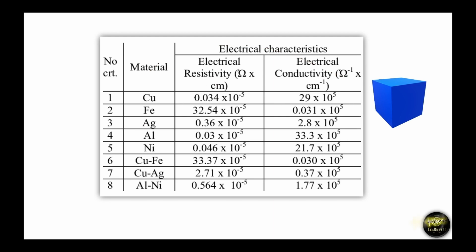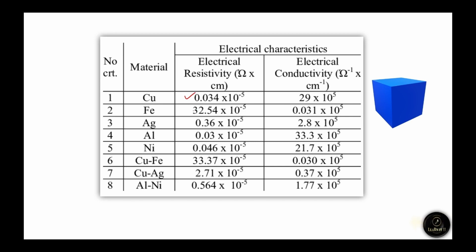With respect to copper it is 0.034, all are having a power of -5, so we can ignore that. Iron has more resistivity than copper.